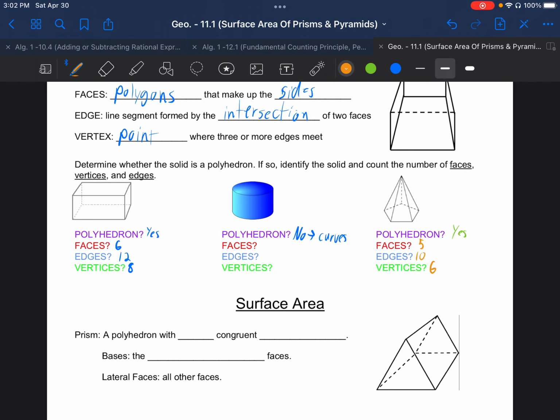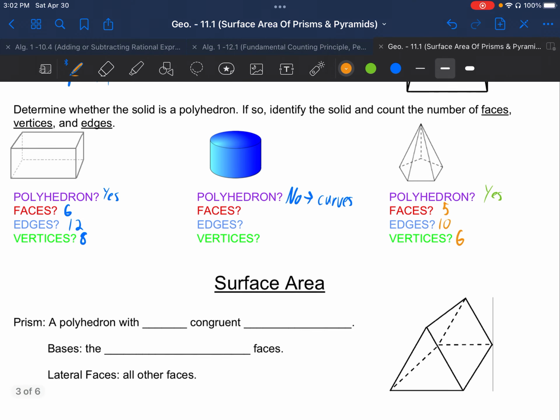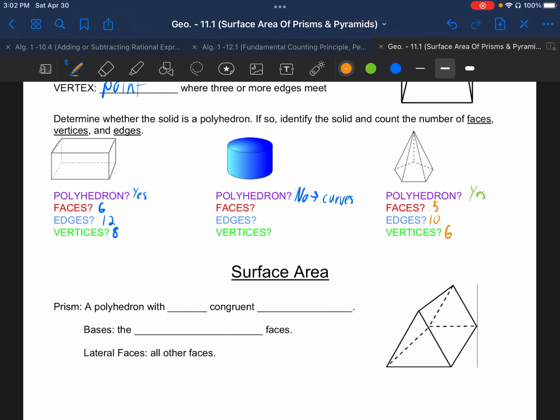So let's talk about the idea of what surface area is. In order to do that, let's understand some more specific shapes besides polyhedron. A type of polyhedron is a prism, and a prism is, like I said, a polyhedron with two congruent faces. Over here we see a prism, and the two congruent faces are these triangles on the front and back.